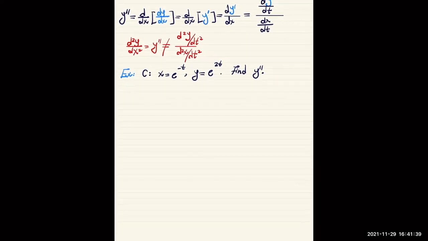What you have to do here is find, first of all, dx/dt and dy/dt as before. dx/dt is negative e to the negative t. dy/dt is 2e to the 2t, chain rule for both.